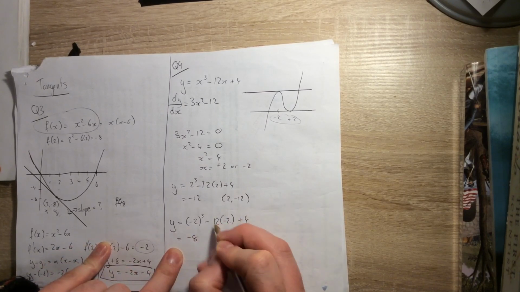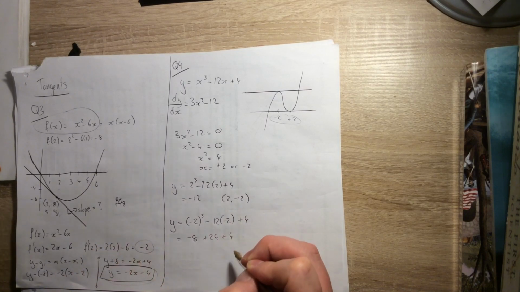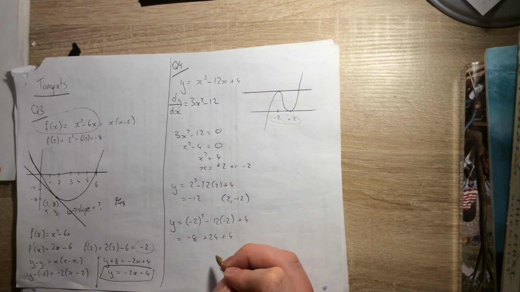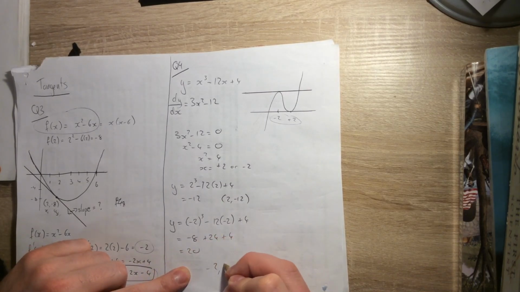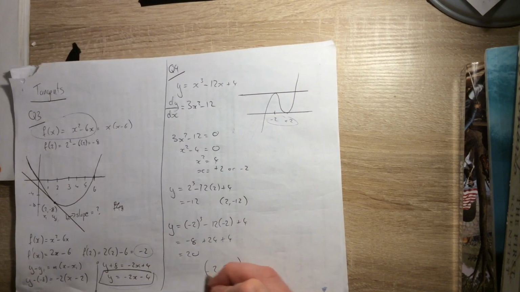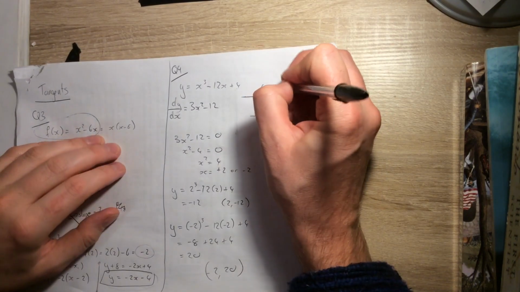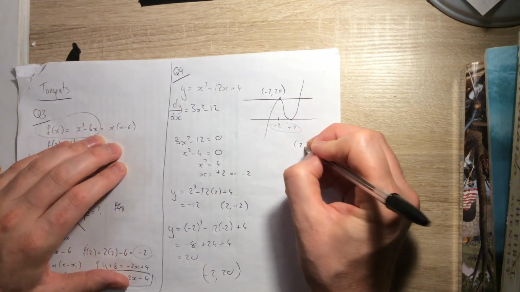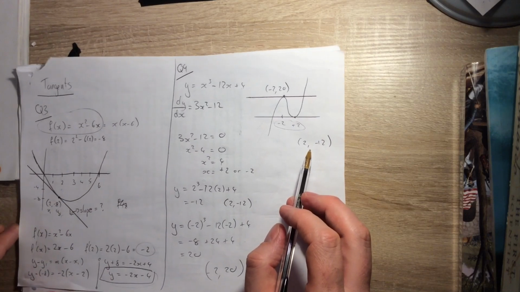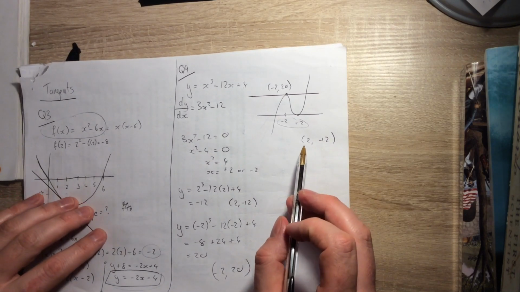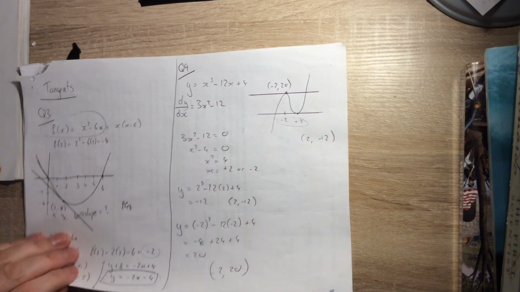That's going to be minus 8 plus 24 plus 4. So what's that going to be? 28 take away 8, that's 20. So (minus 2, 20). This point up here is (minus 2, 20). This point down here is (2, minus 12). Those are the 2 points at which tangents to the curve will have a slope of 0.